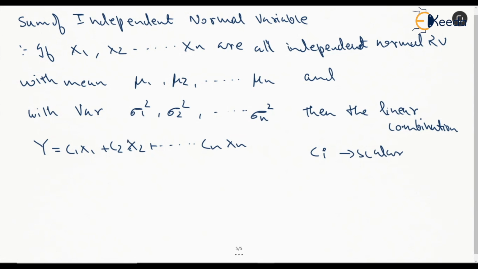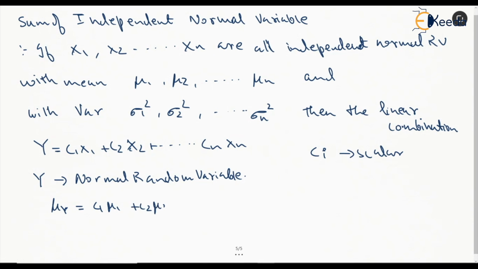In this case, y will also be a normal random variable, and the mean mu y will be given as c1 mu1 plus c2 mu2 and so on up to cn mu n.